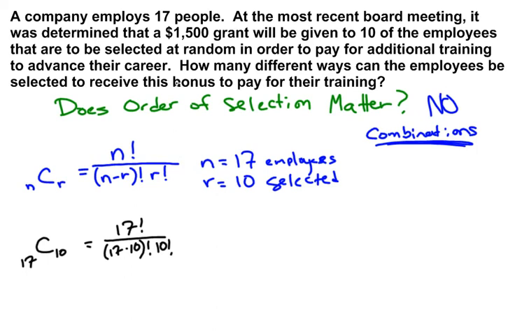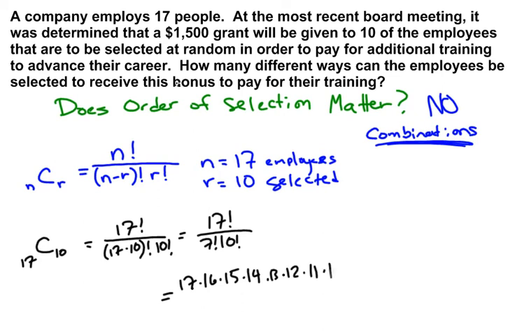Now 17 factorial on top, and on bottom, 17 minus 10 would be 7 factorial, 10 factorial. And as you can imagine, it's going to be a lot to write out. If we write it out the long way, that's 17 times 16 times 15, 14, 13, 12, 11, 10, 9, 8, 7, 6, 5, 4, 3, 2, and 1.